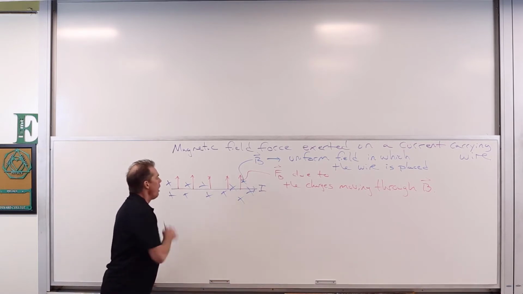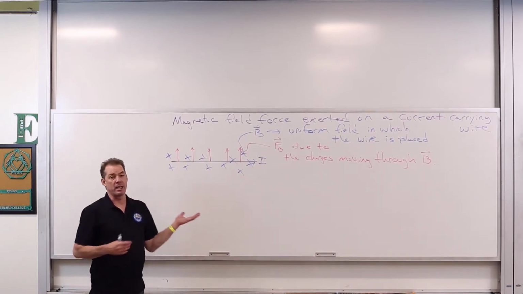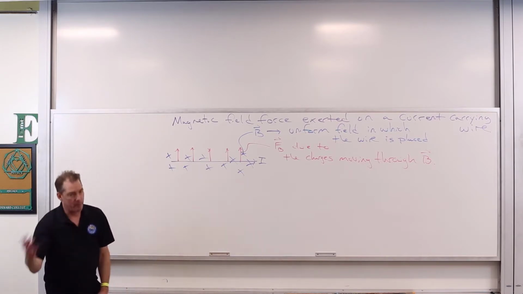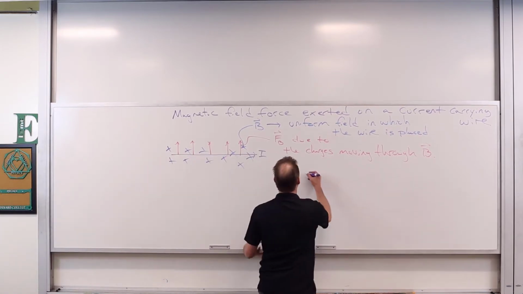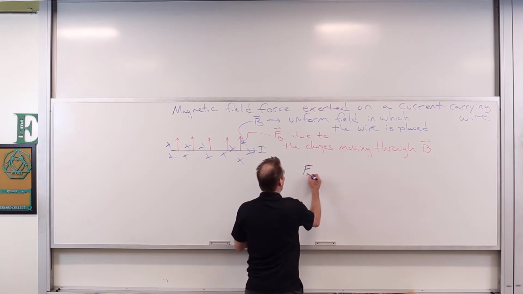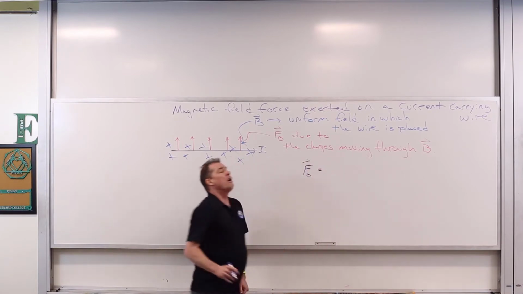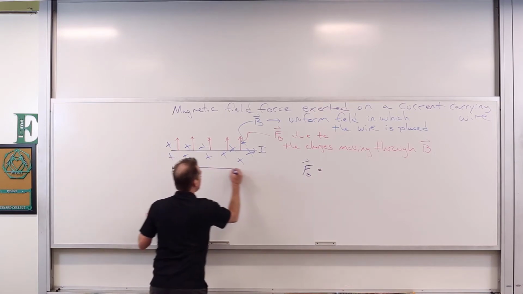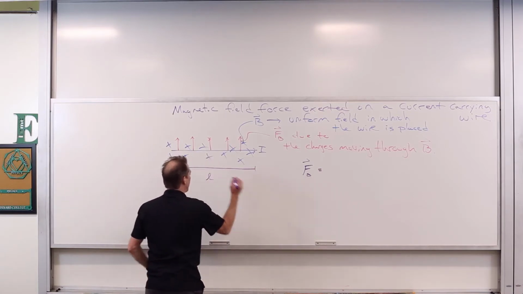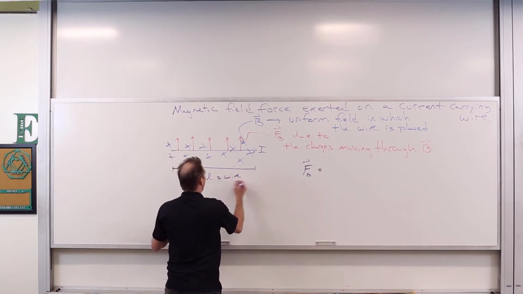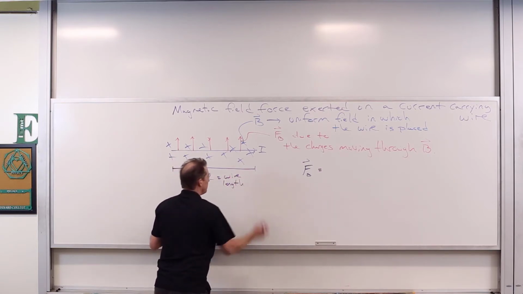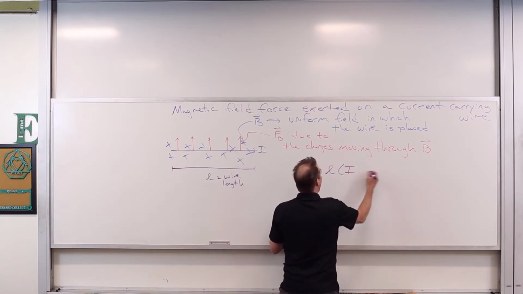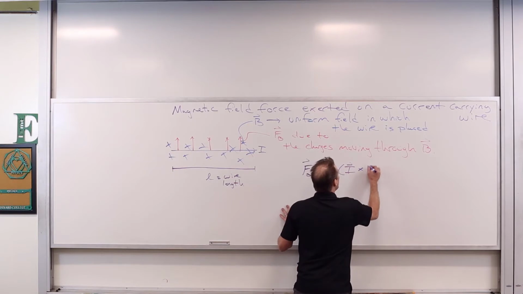All right, so ultimately, this comes down to another cross-product relationship between the charges, them moving through the magnetic field. And ultimately, we get the magnetic field force on the overall wire. We could say has some length L, is L multiplied by I hat cross B hat.